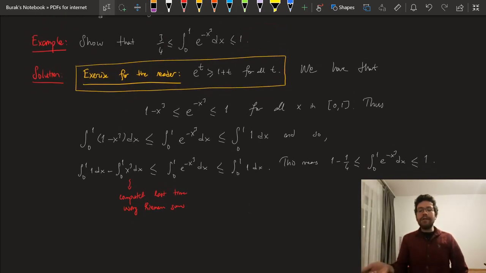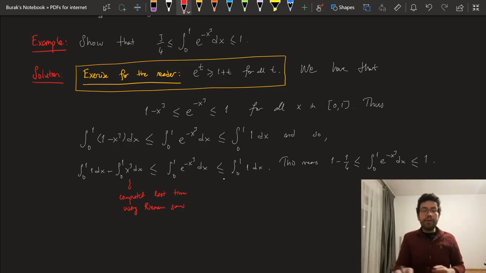So what did we do here? We wanted to find an upper bound and lower bound for a certain definite integral. At first, I thought that maybe I should use Riemann sums, but computing the Riemann sums for this function would be difficult. So what I did is I estimated that, using the previous techniques that I've learned. I said that this function is greater than or equal to 1 plus t, so its integral is greater than or equal to the integral of 1 plus t.